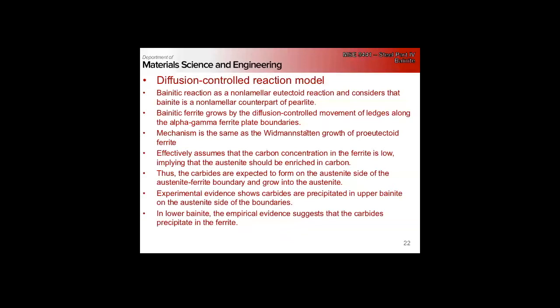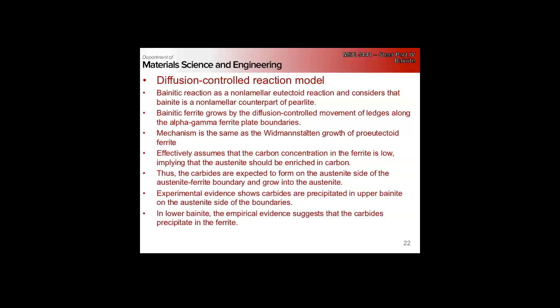So it's exactly analogous to the pearlite. So it starts on the austenite. That's where it nucleates. It's basically just the same as the sympathetic sideways nucleation mechanism that we just went over in pearlite.